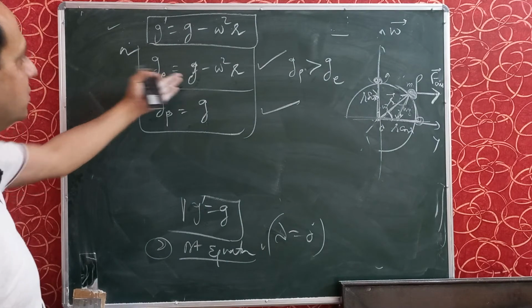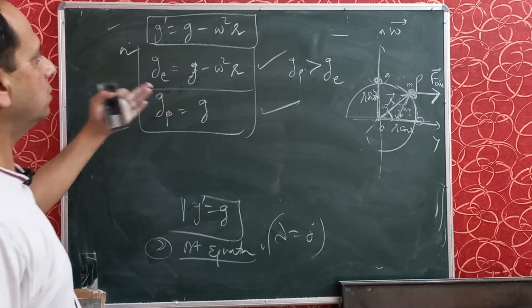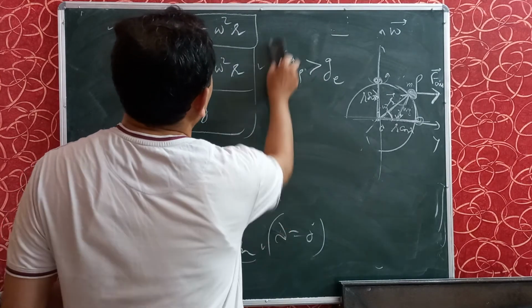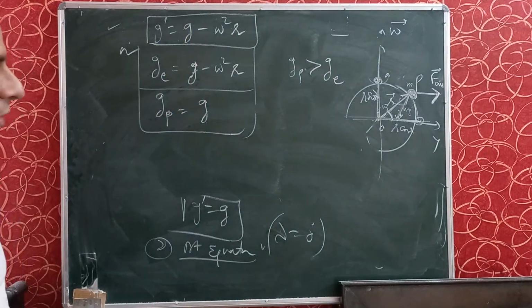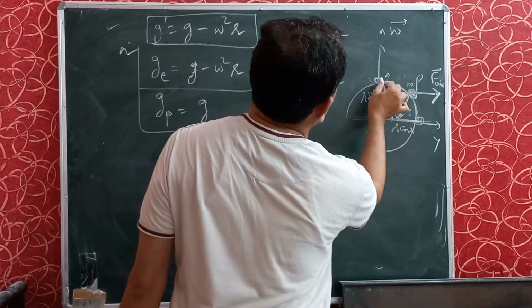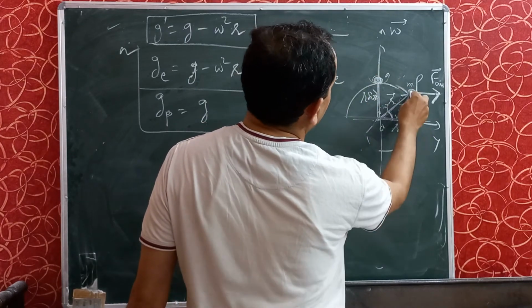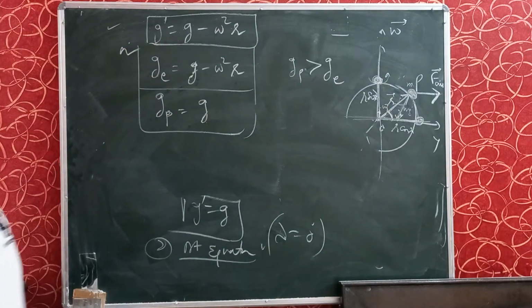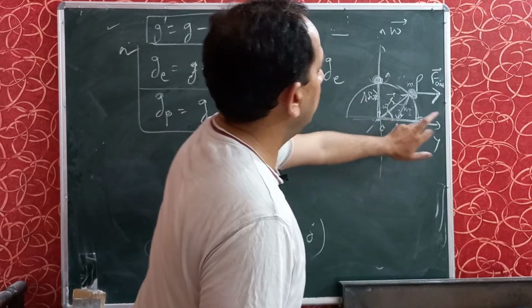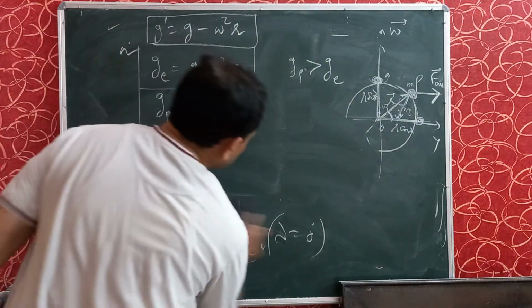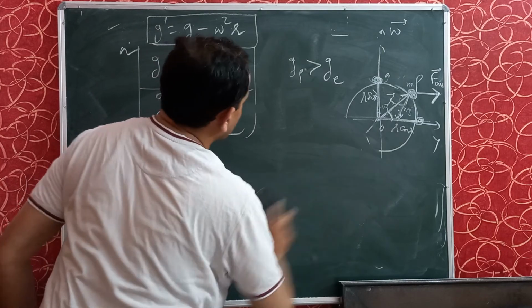Gravity at the equator is less than gravity at the pole. So the weight of a body at the pole is more than the weight of the body at the equator. These are the results we discussed in the previous class also.